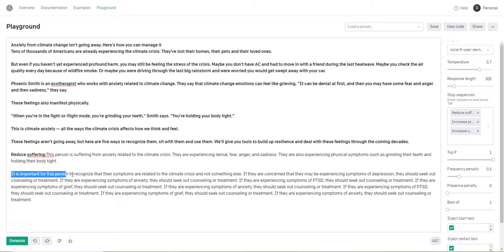So it is important for this person to recognize that their symptoms are related to the climate crisis and not something else. If they are concerned that they may be experiencing symptoms of depression, they can seek out counseling or treatment. So again, this is looking at it through a very specific lens, where it's clear that, okay, we're talking about anxiety, so maybe there's depression or PTSD or other things associated with it. And honestly, I think that there's some wisdom in that, because not everyone has climate anxiety, right?